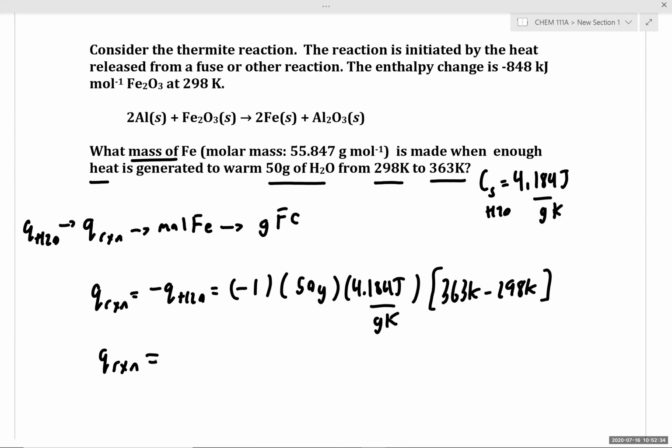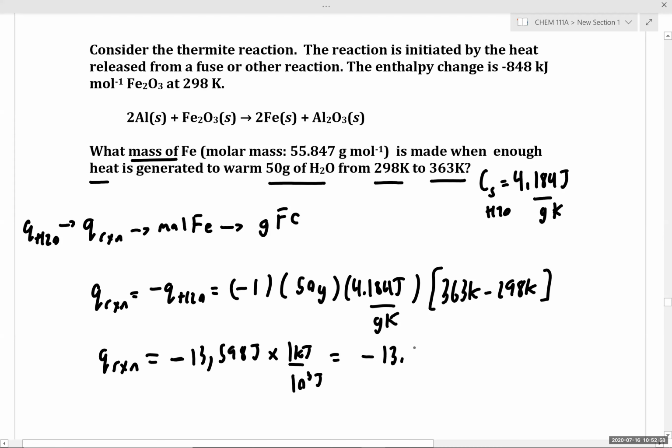So we have 363 minus 298 times 4.184 times 50, which gives us negative 13,598 joules. And we know that in 1 kilojoule, we have 10 to the third joules, which gives us negative 13.598 kilojoules.